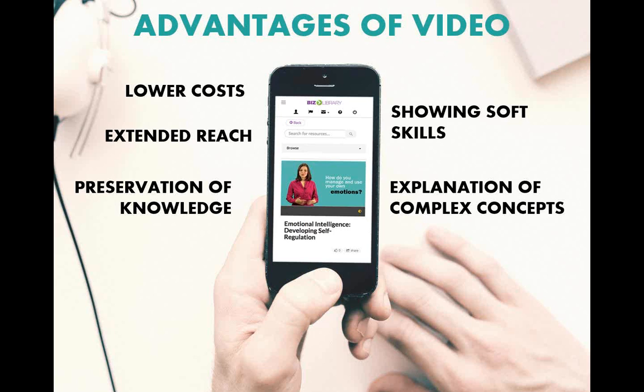So geographic reach, but also extended time reach as well. You don't have to be tied down to everybody being at the same place at the same time. There's also the preservation of knowledge, particularly for employee-generated video. You can record questions and answers, record interviews, get people to share what they know. It's easy to do, and a lot easier than transcribing information.